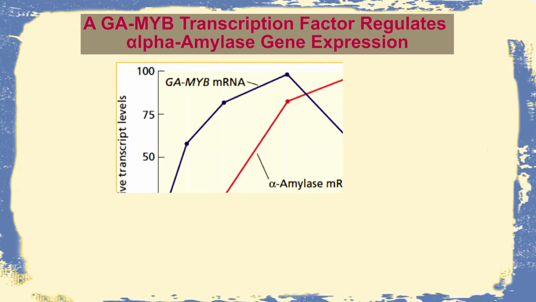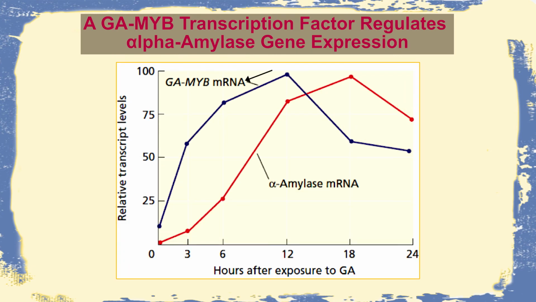Gibberellin causes increase in the expression of transcriptional activator GAMYB. This GAMYB activates the hydrolyzing enzyme genes. So, the expression of GAMYB precedes the expression of the genes of the hydrolyzing enzymes.